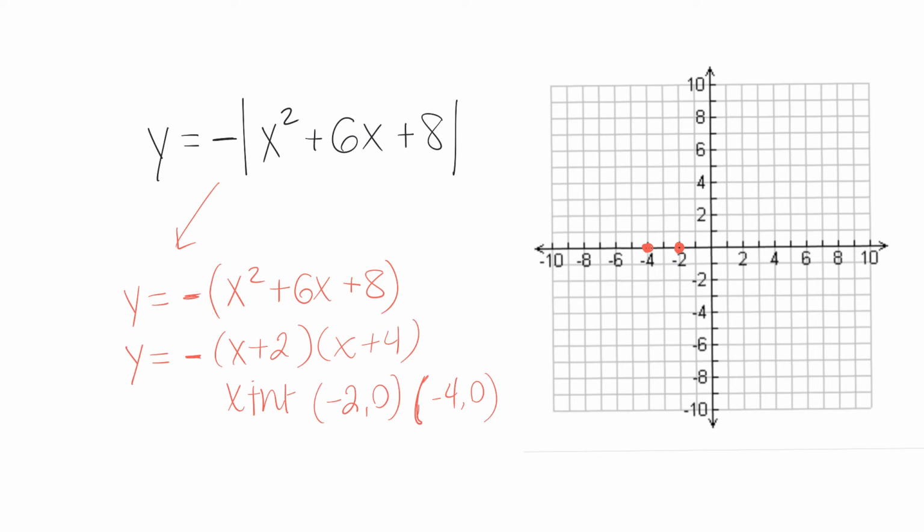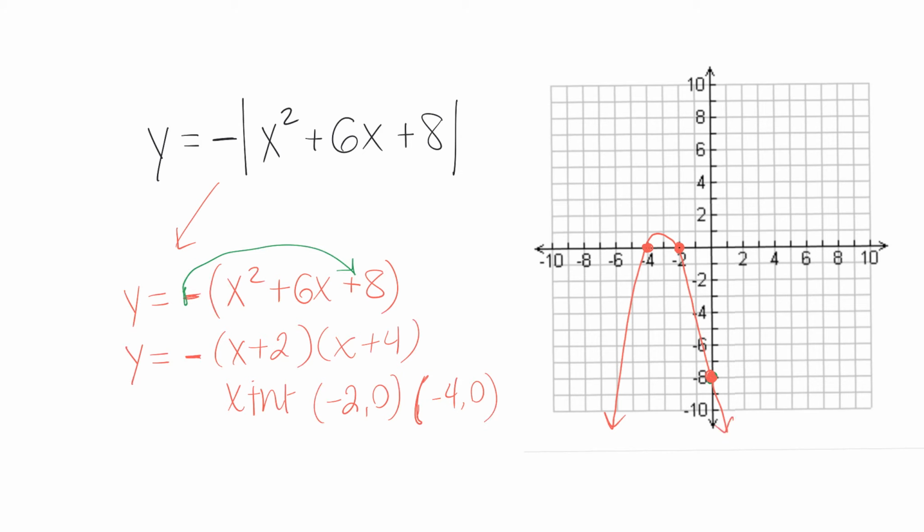I know it's opening down. My y-intercept, if I distributed this negative, would be down here at negative 8. So let me make that red. I know that my graph would look like this without absolute value bars.